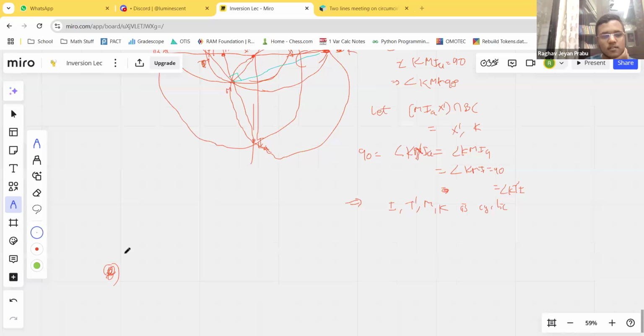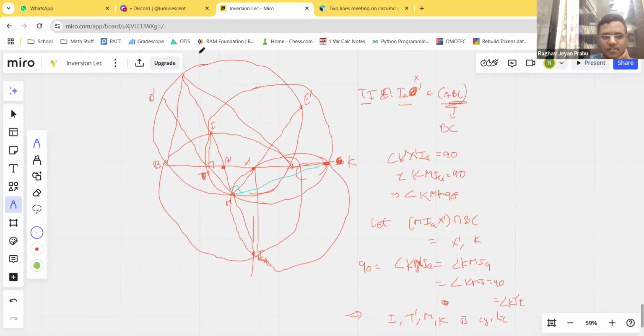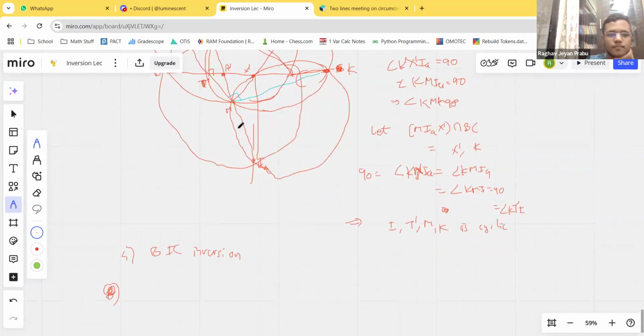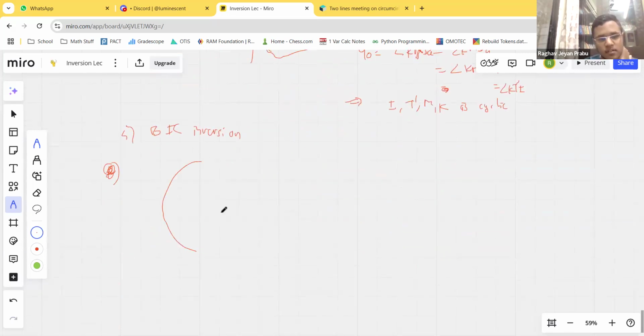So another fourth inversion is the BIC inversion. In this, you have seen these points map to these points with nice properties. The main idea, or the motivation behind this, is that if you have a point M and you have points A and B, then MA times MB is fixed.